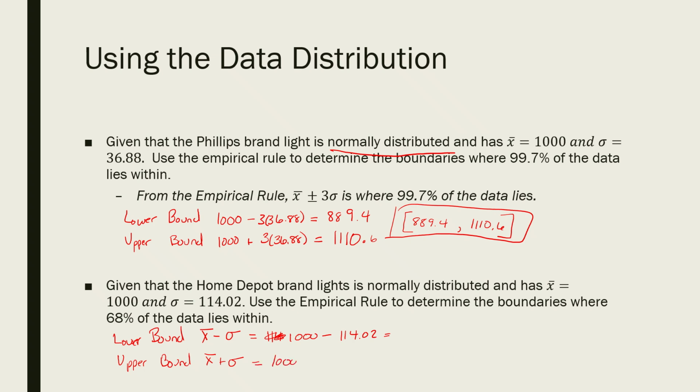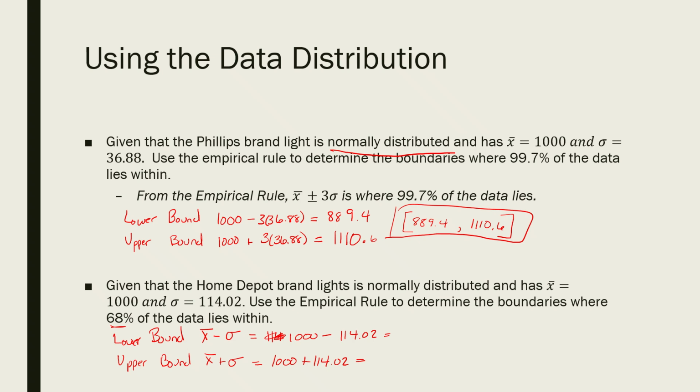And that is 1,000 plus 114.02. Okay. Why did I do one standard deviation? Because that was 68%. And our empirical rule says it's one standard deviation, so that's why I'm adding and subtracting the 114.02. So let's use our calculator.